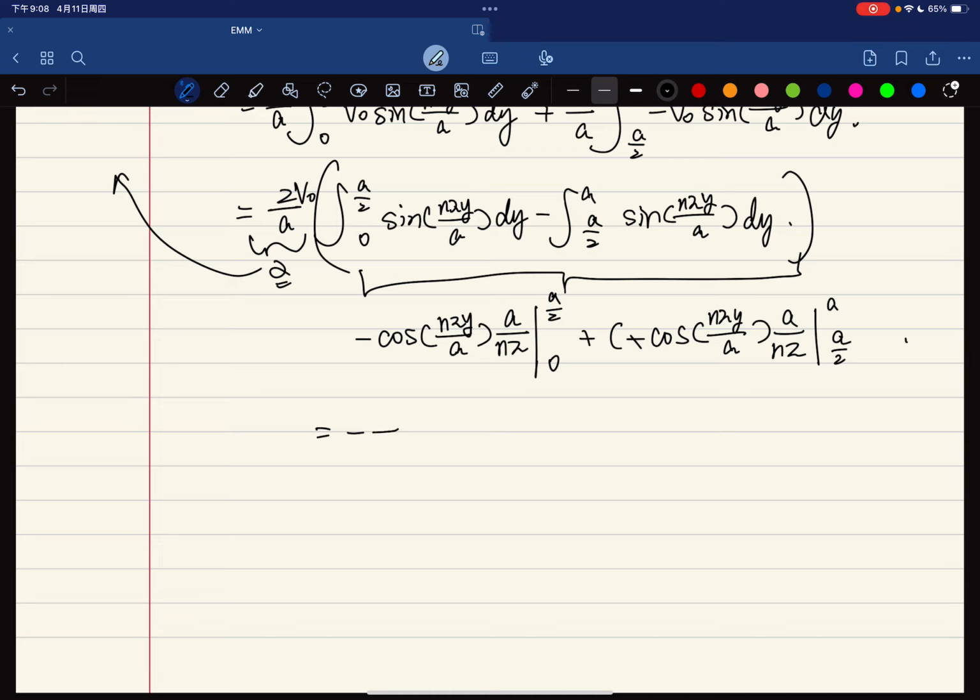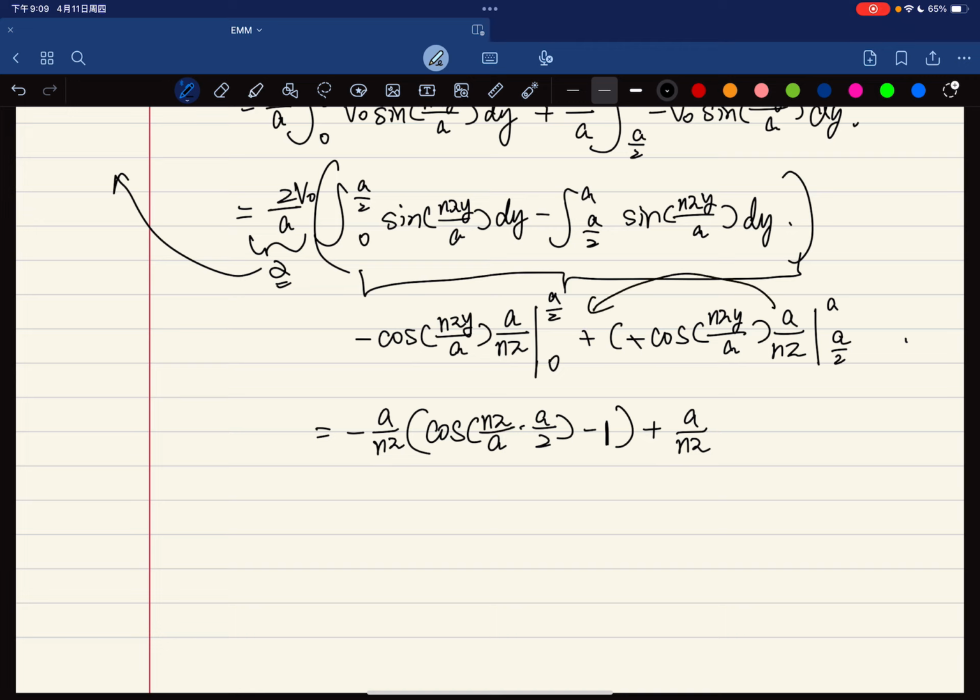Negative a divided by n pi times cosine of n pi divided by a times 2 over a, minus 1 because cosine 0 is 1, plus the constant.